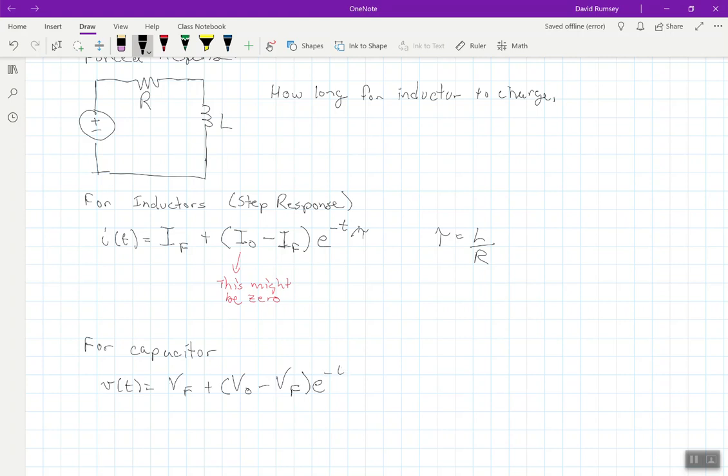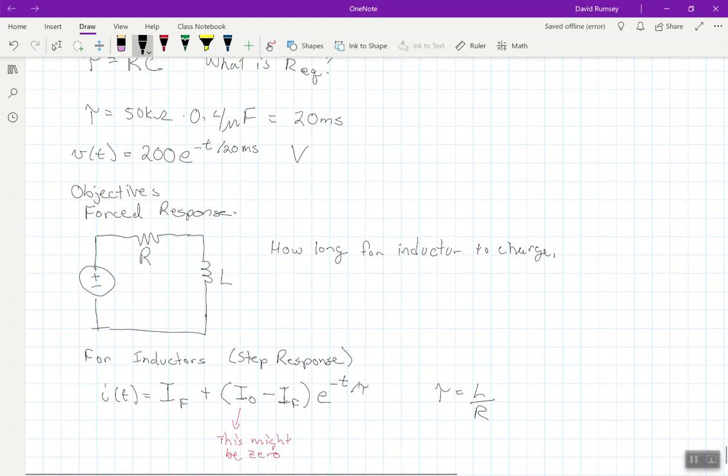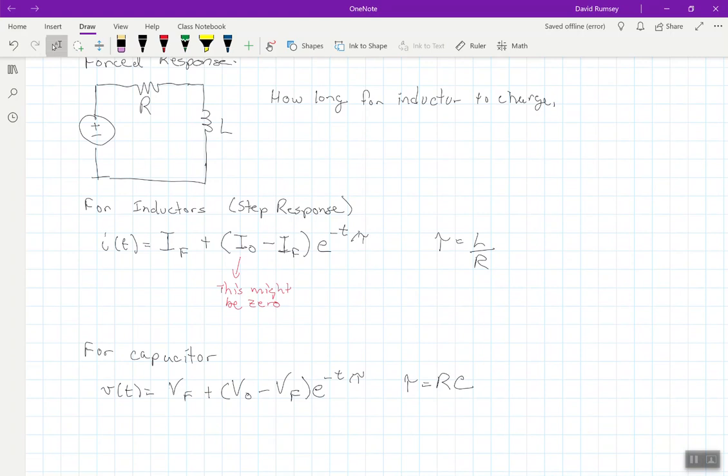Times e to the minus t over tau. And then, of course, remember for an RC circuit that tau is R times C. Now, these two equations can always be used, even for natural response.